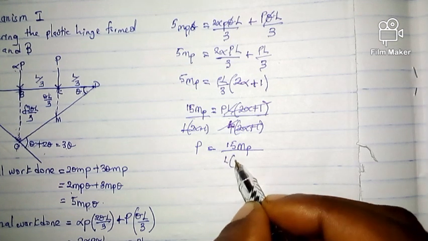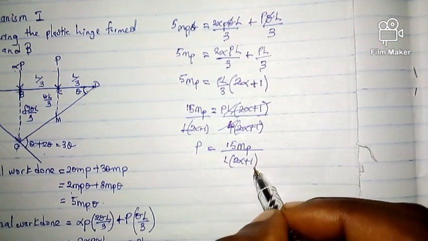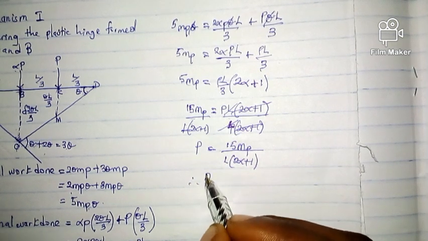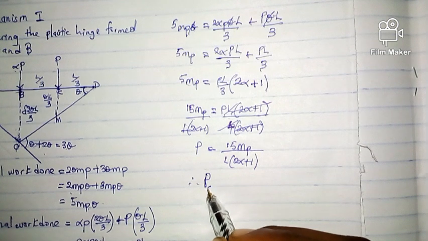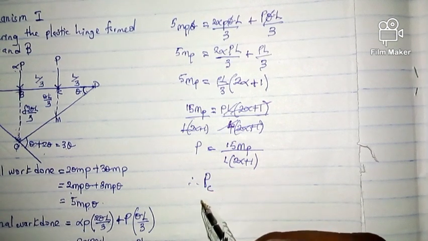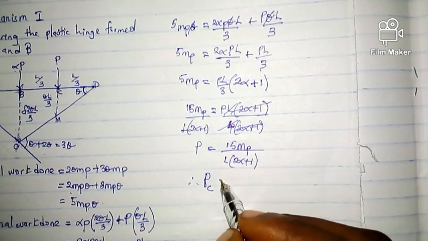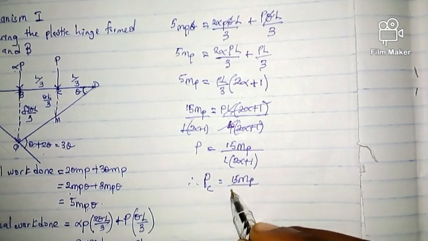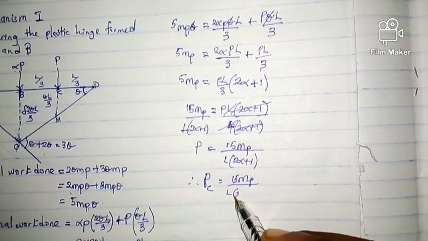Therefore, we say that our critical load PC is equal to 15 MP all over L into 2 alpha plus 1.